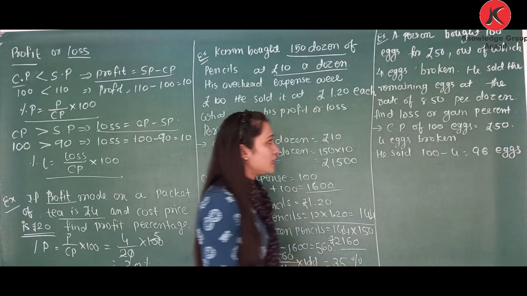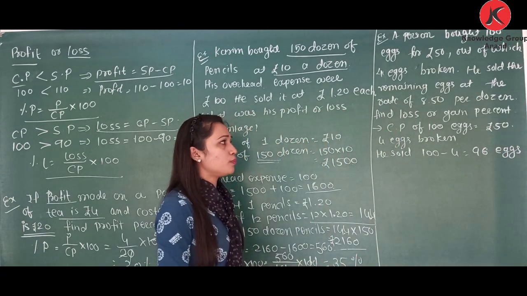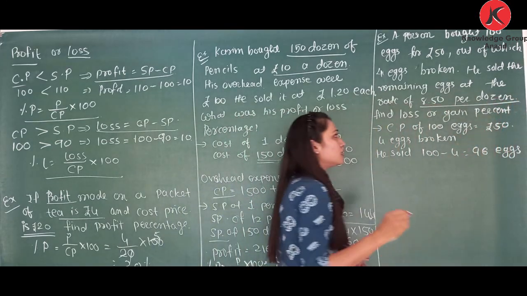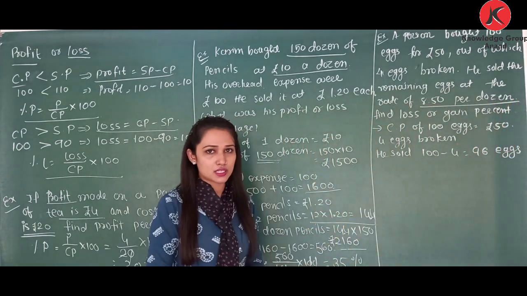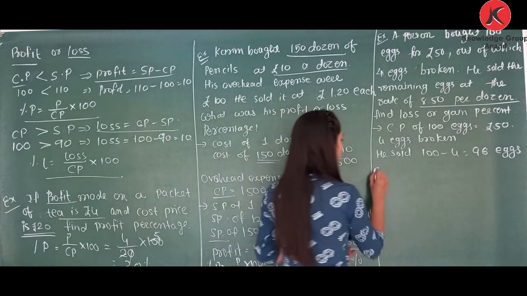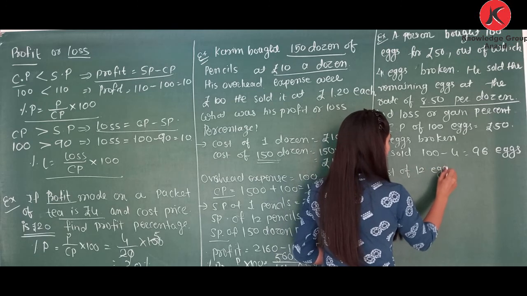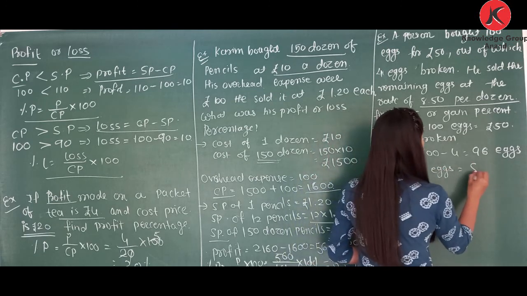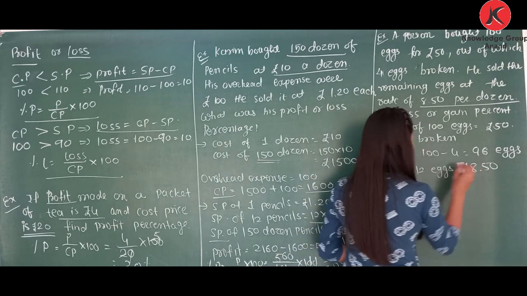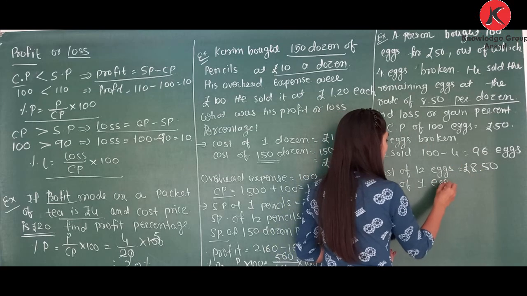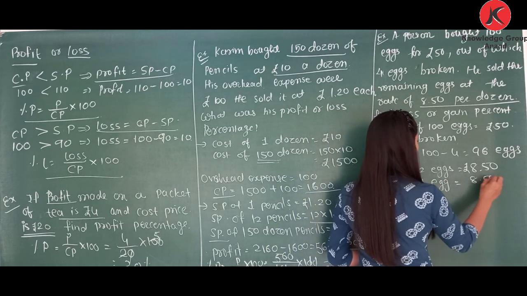He sold the remaining eggs at 8.50 per dozen. Here the price per dozen means for 12 eggs is given. So the price of 12 eggs is 8.50 rupees, so the price of 1 egg is 8.50 divided by 12.